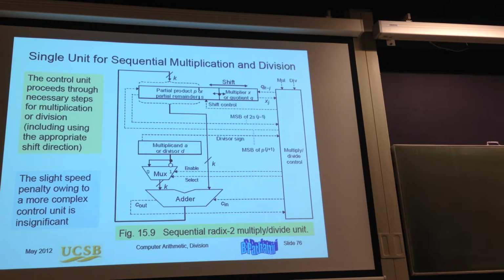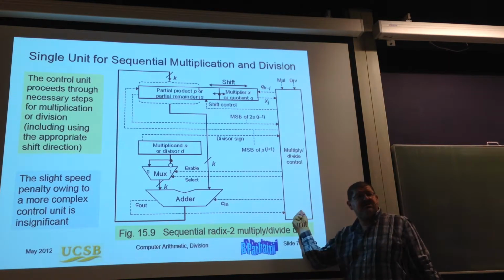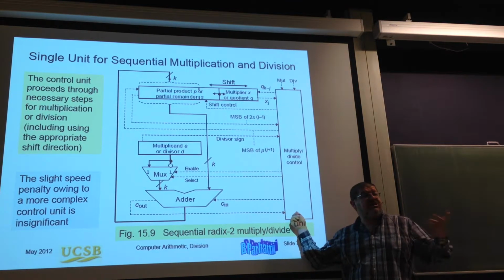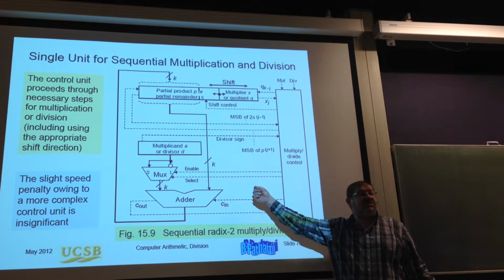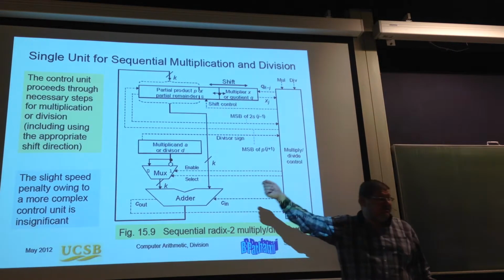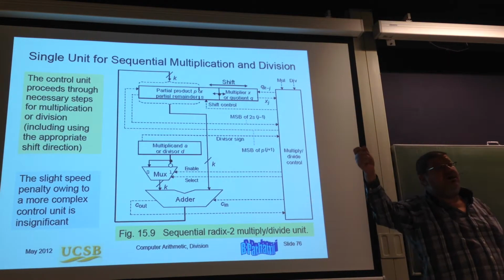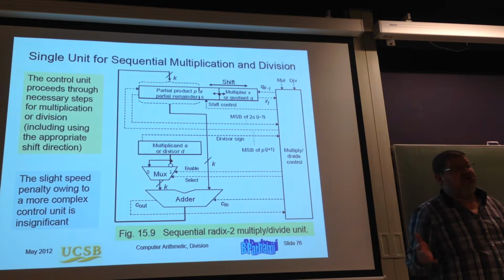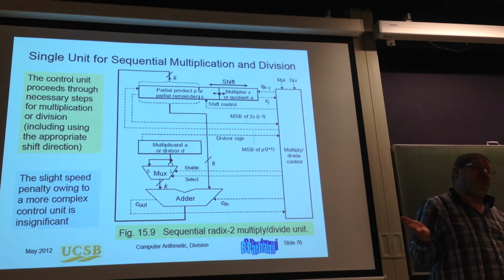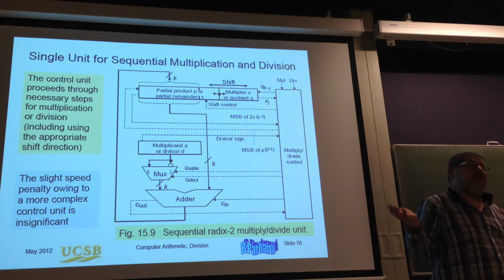Then you will have the same logic, and you will have a controller. Depending on the nature of the instruction that you are executing, this controller will tell the logic what to do. This can be advantageous in some cases because your application might not use division, for example.